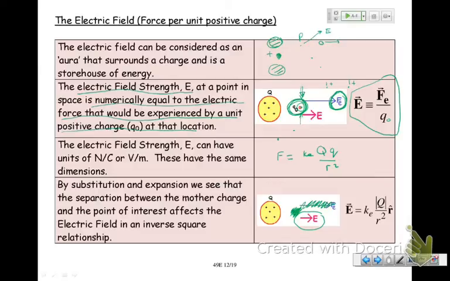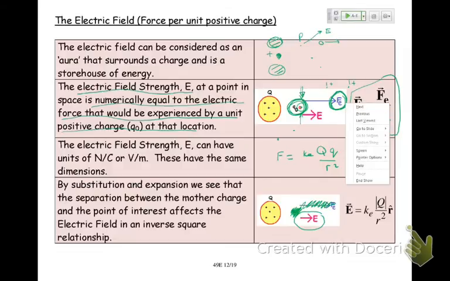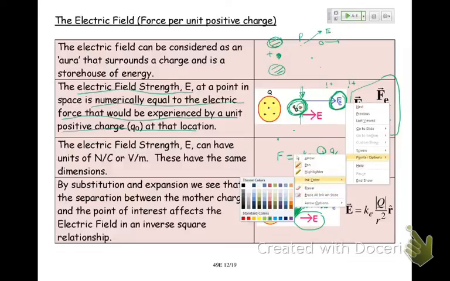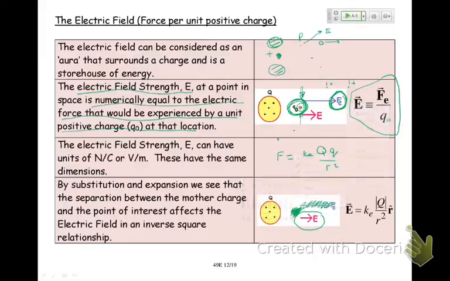And I got my electric field by dividing that by the little charge. So let's divide that by the little charge. And that gives me Keq over R squared.